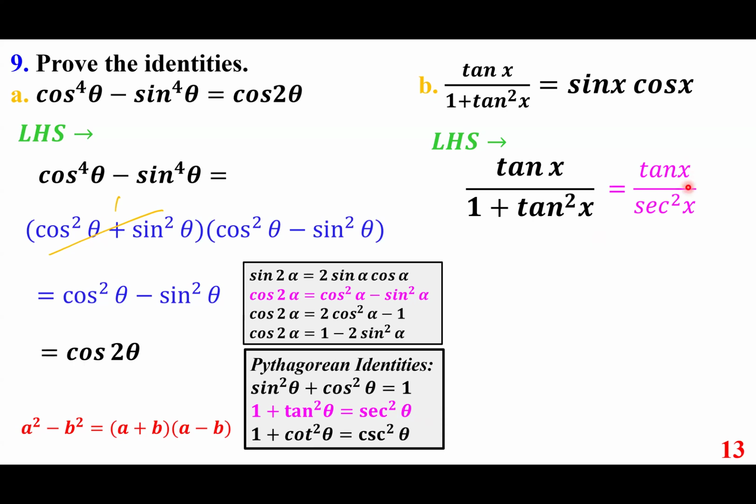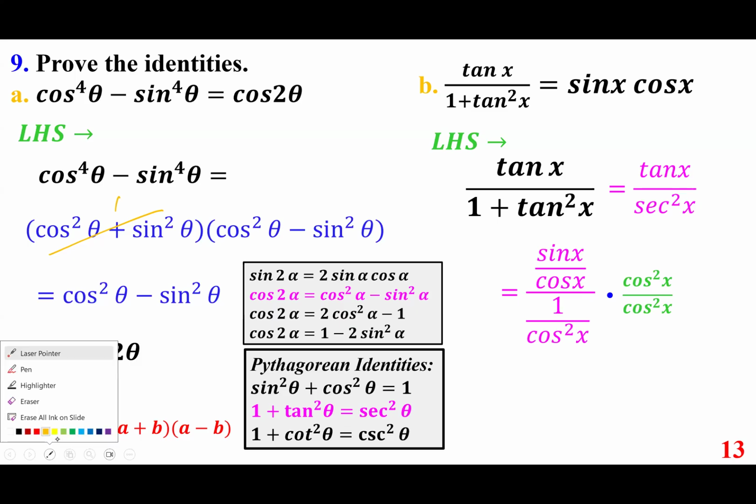This is sine over cosine, and this is 1 over cosine because it's squared. 1 over cosine squared. A common denominator, cosine squared. Let's multiply the top and the bottom by cosine squared. Therefore, these two just cancel each other.